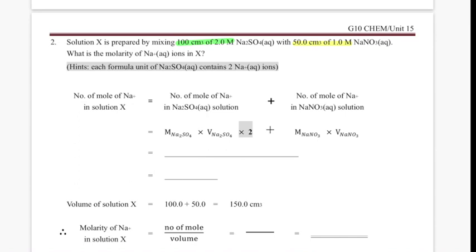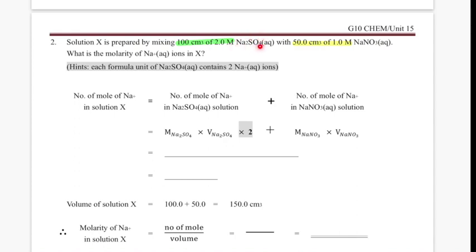So what is the molarity of sodium ions in X? Here, remember in Unit 12, we spent quite a lot of time discussing how much atom or how much ion will be released for 1 formula unit.